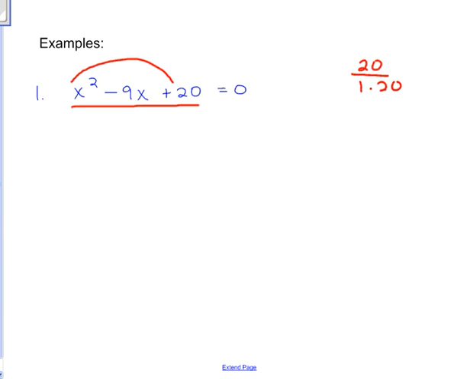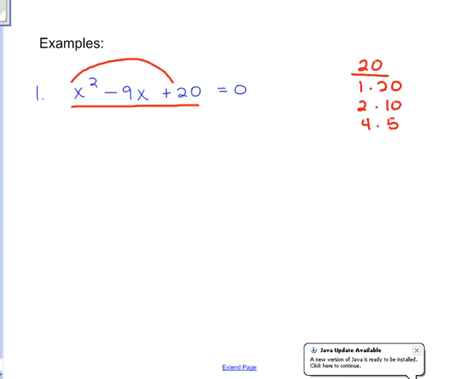Make my list until I find the two numbers that will add. Since it's positive 20, what's going to add to be negative 9 would be negative 4 and negative 5. So I would have negative 4x and negative 5x. Divide by x squared.